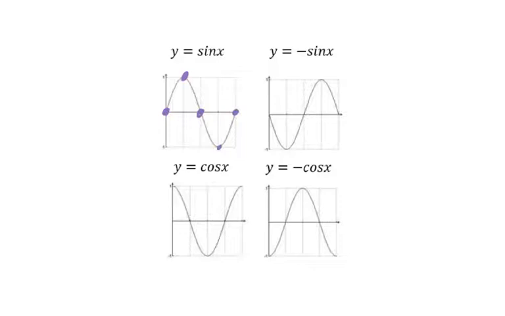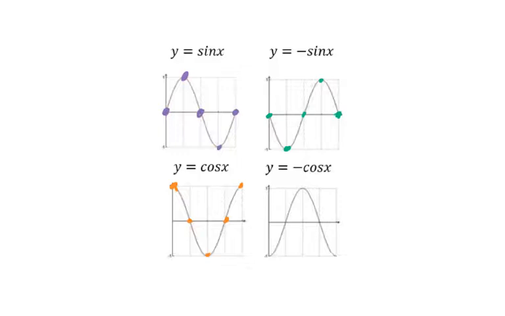For y equals negative sine x, we have 1, 2, 3, 4, 5. For cosine x, you will have 1, 2, 3, 4, 5.